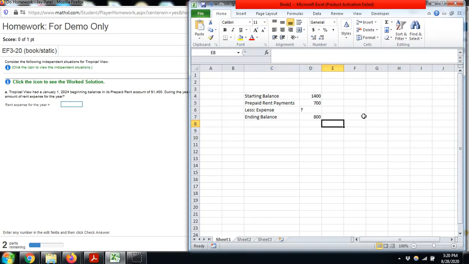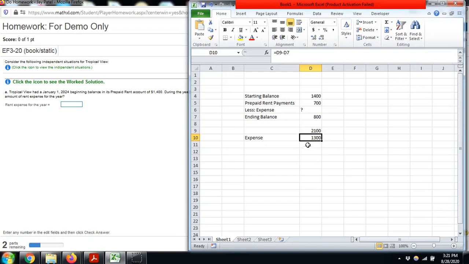So how do we solve for this question mark? We basically take our starting balance and we add in what we paid to increase that balance. So that is 2,100. And so we now take this 2,100 and subtract the ending balance. So this is the amount that we have to expense to get from the starting balance plus what we added to get to the ending balance.